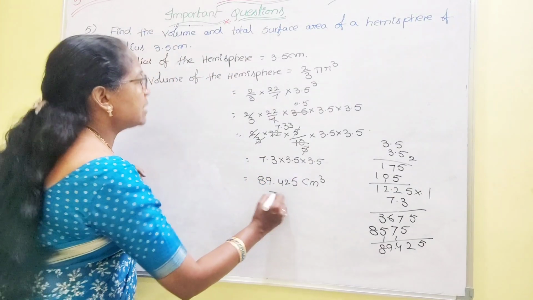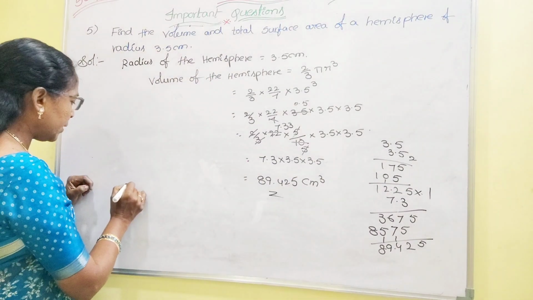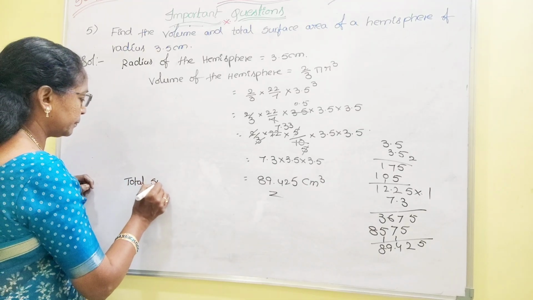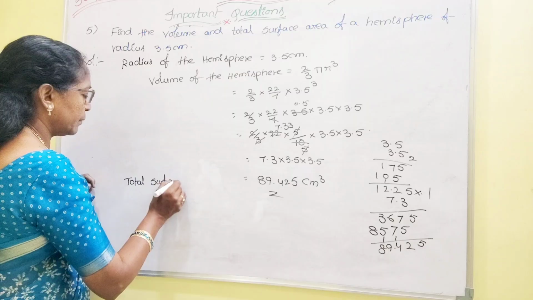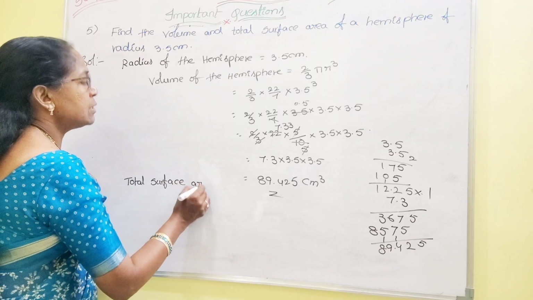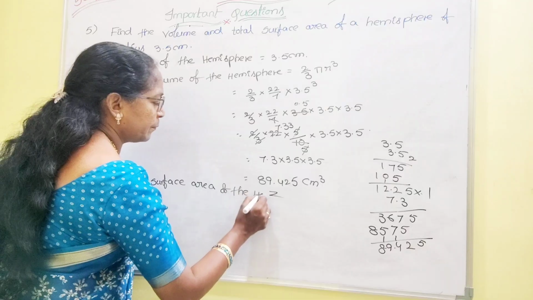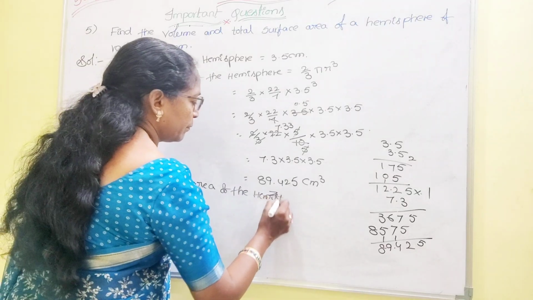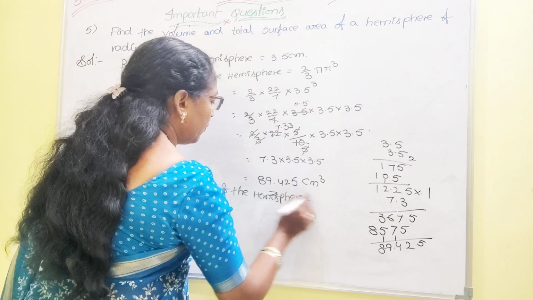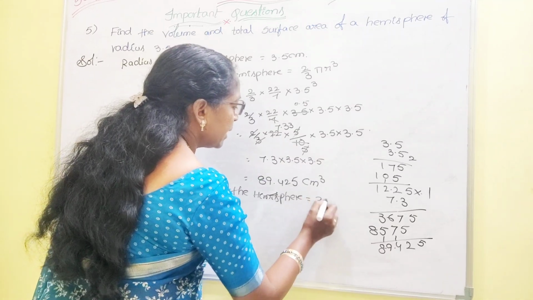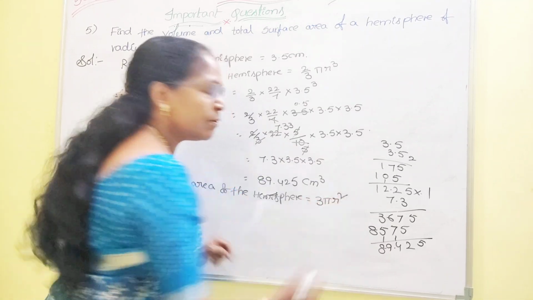Now next, what you have to find is the total surface area of the hemisphere. That equals, what is the formula? Total surface area equals 3 pi r square is the formula.